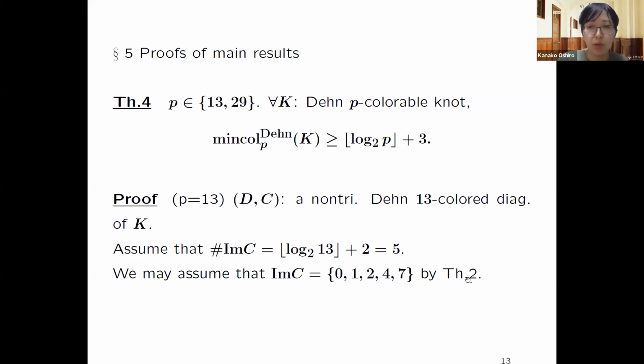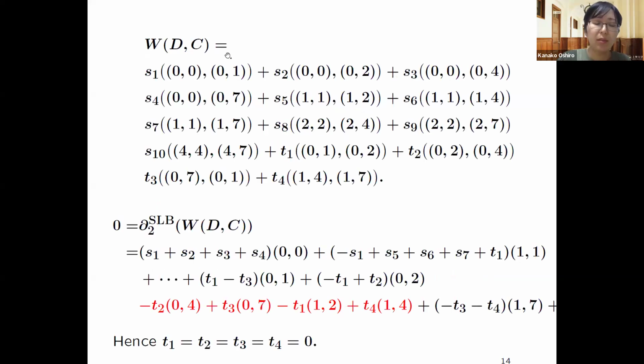By theorem 2, which gives the candidates of colors, we may assume that the colors are 0, 1, 2, 4, 7. So by using these 5 colors, the weight sum is written like this.